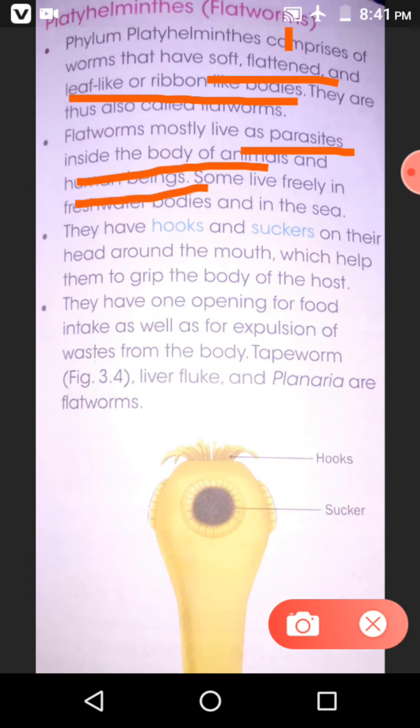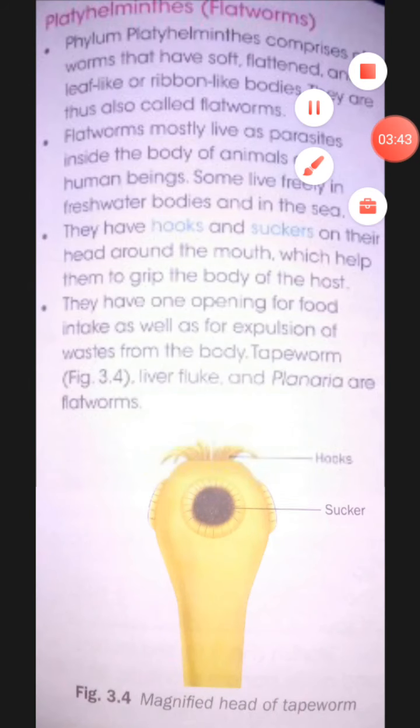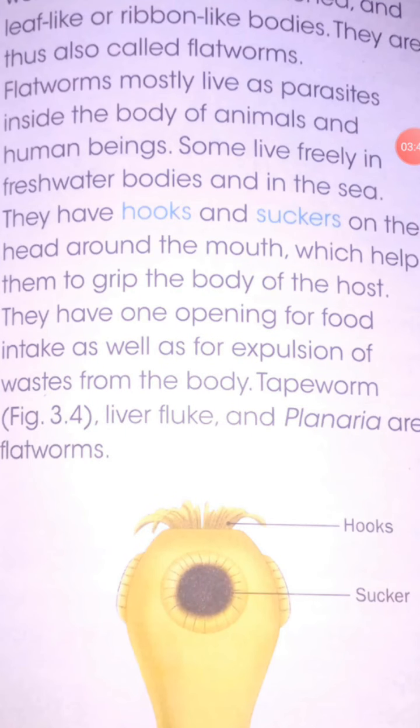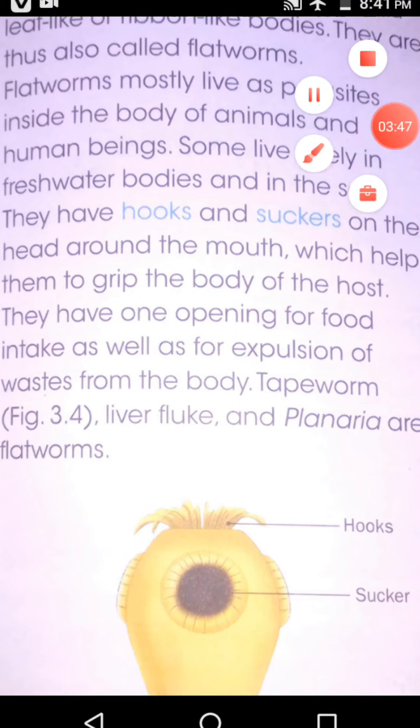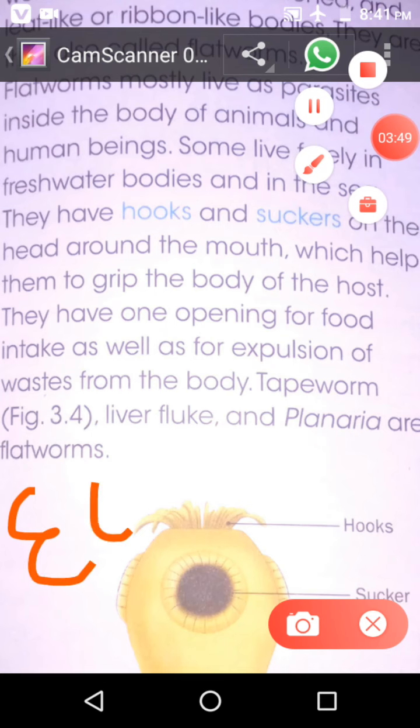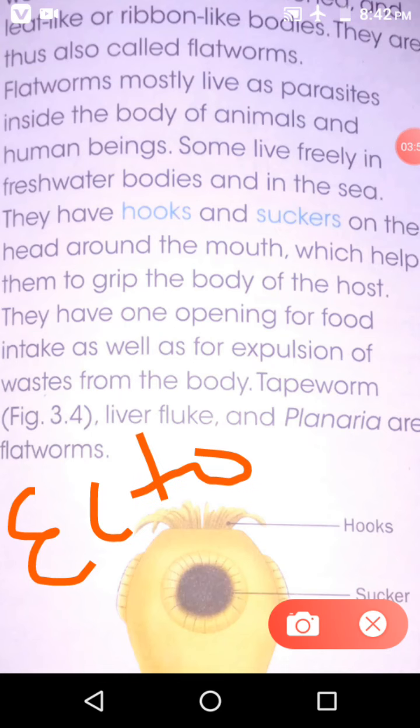Now parasites are also divided into ectoparasite and endoparasite. What do you understand by ecto and endo? An ectoparasite lives on the body of another. For example, leech, which you will get in another phylum, sucks the blood of the organism and gets nutrition from that. Leech, in Hindi, is known as jonk. It lives on the body.